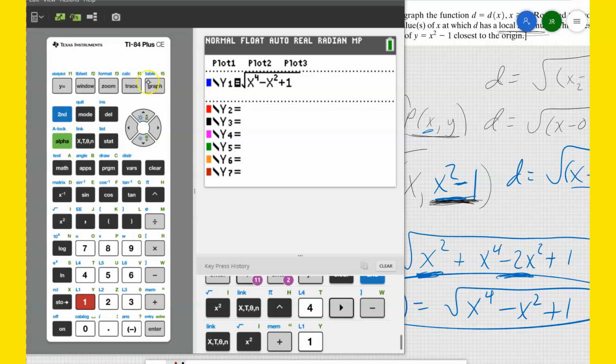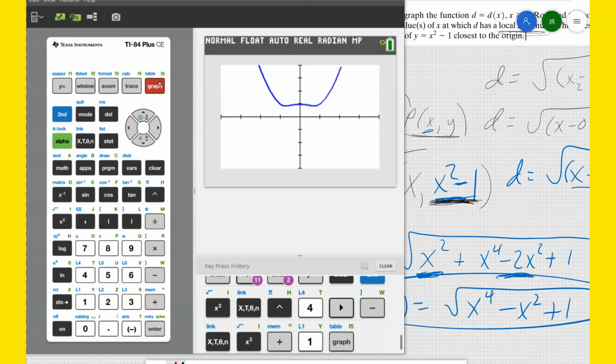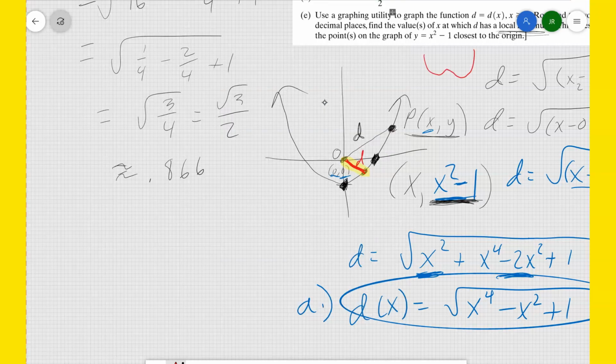And I can see that there's a minimum right here. So it kind of looks like that.